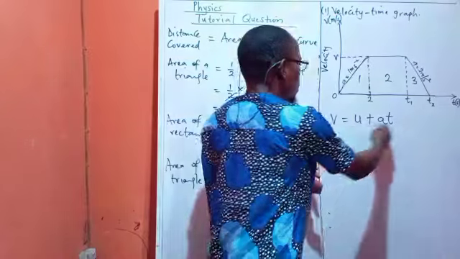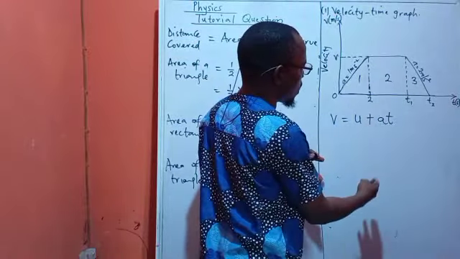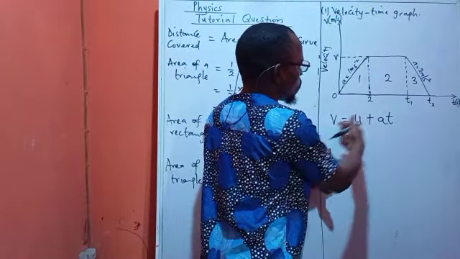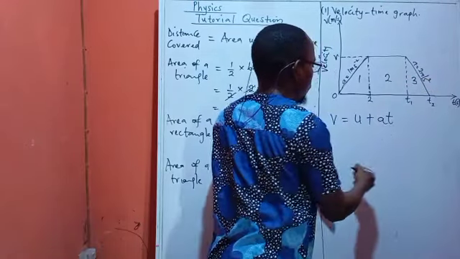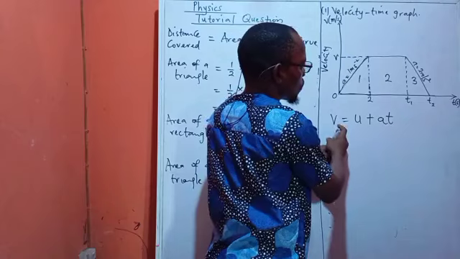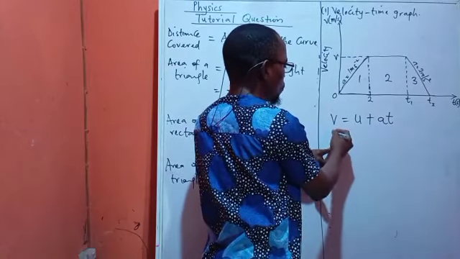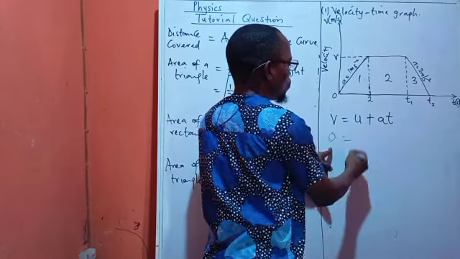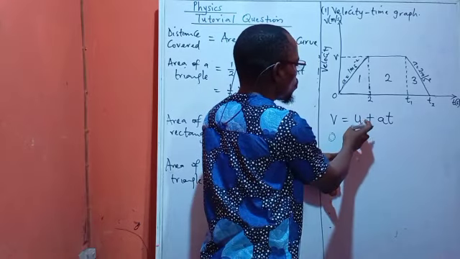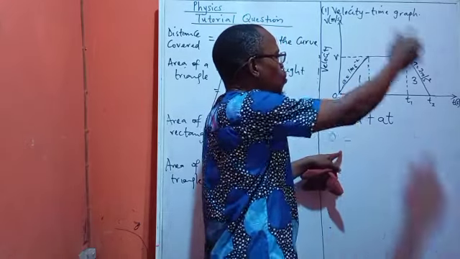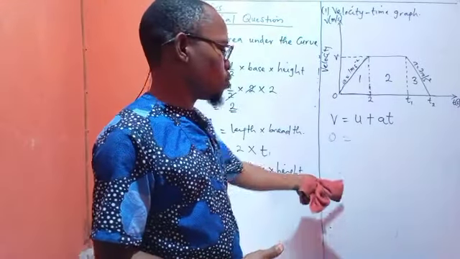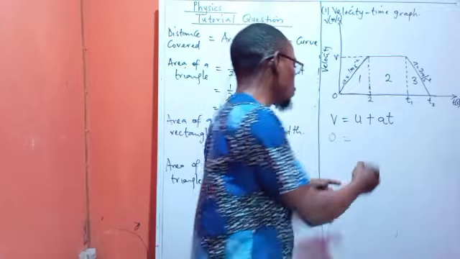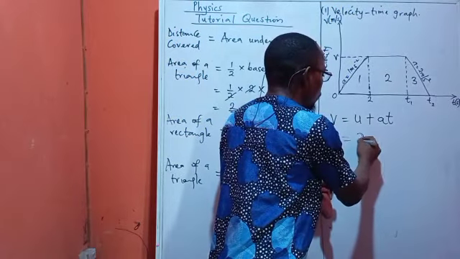So since it is retardating, our final velocity will be 0, which will be equal to our u, the initial velocity, which is the constant speed we calculated before, and that's 2.